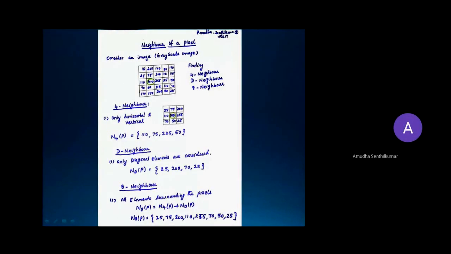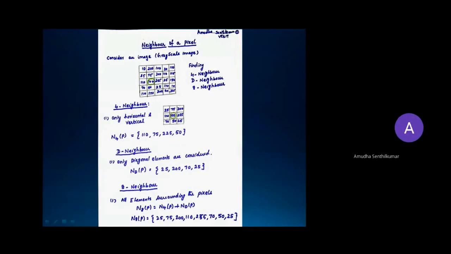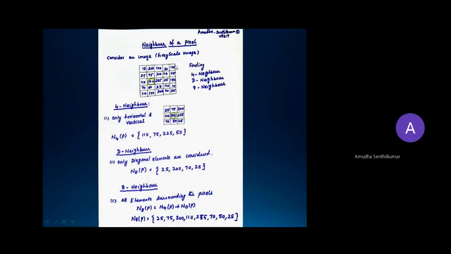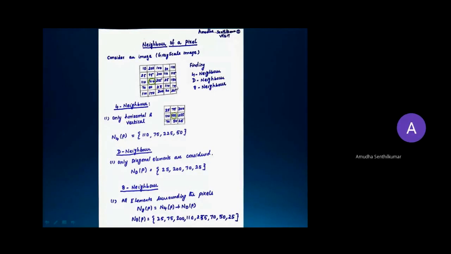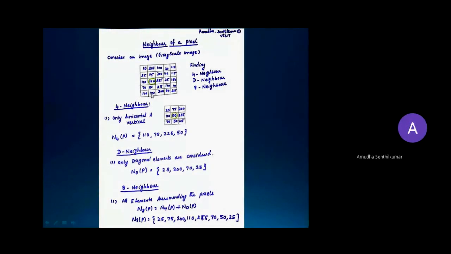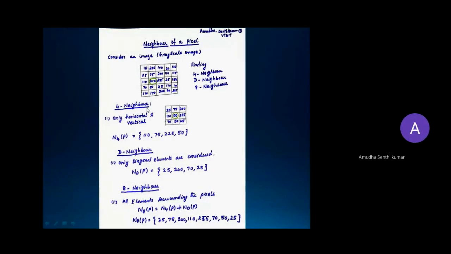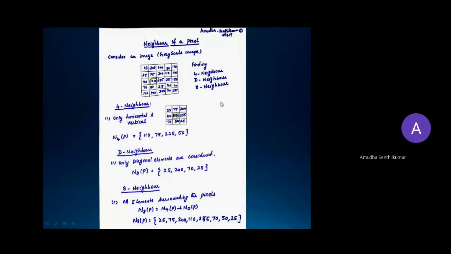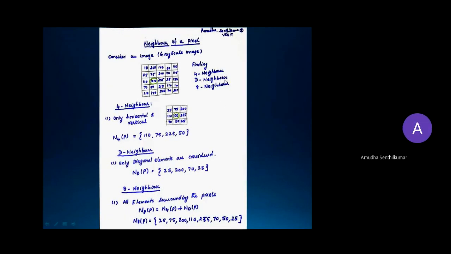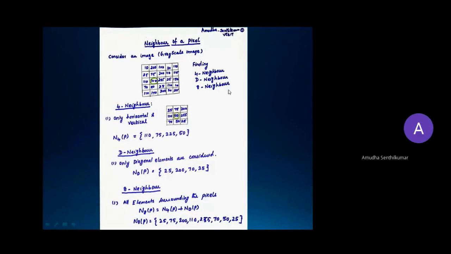What is the grayscale value? From 0 to 255. So this image consists of these grayscale intensity values. In that, I'm going to find 4 neighbors, diagonal neighbors, and 8 neighbors.